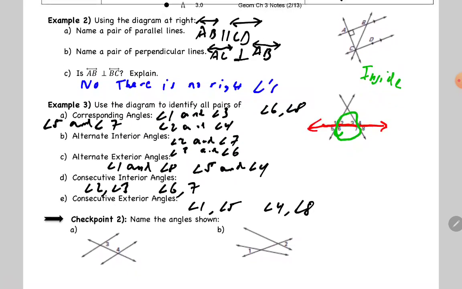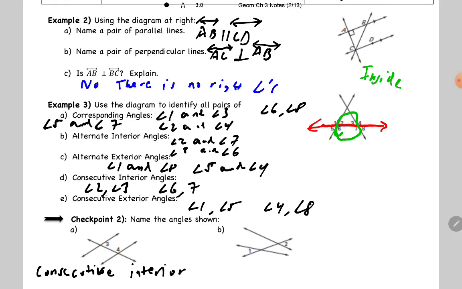All right, part A, name the angles shown. So 3 and 4 are on the inside, and they're on the same side, so we call that consecutive interior.